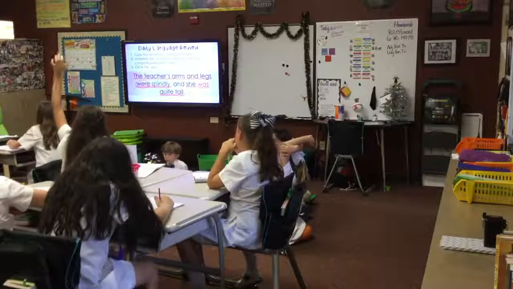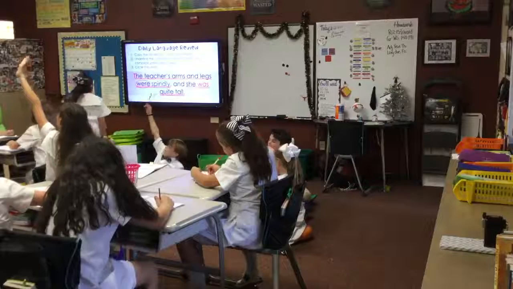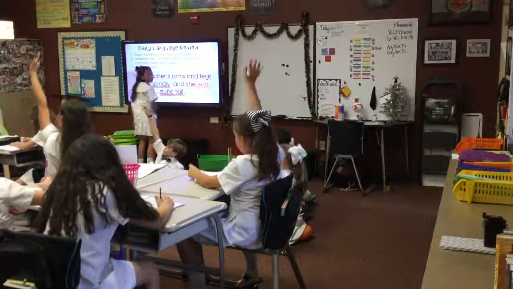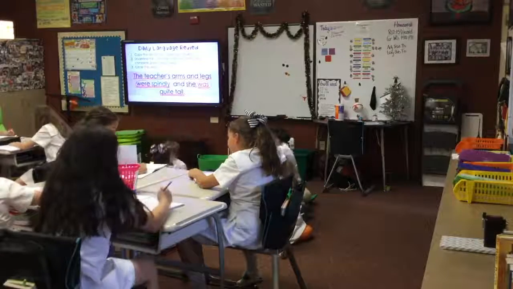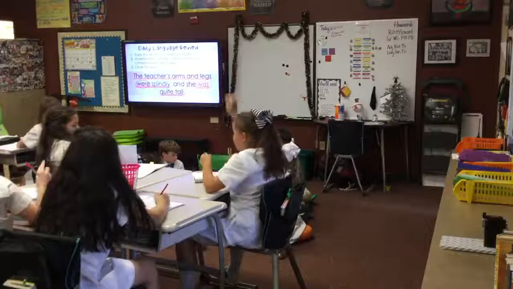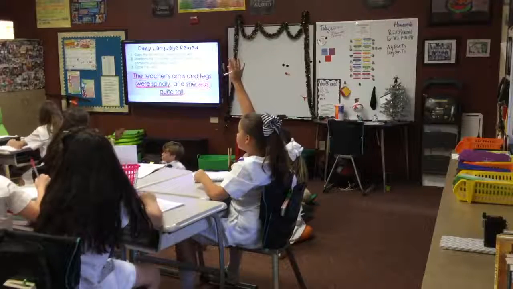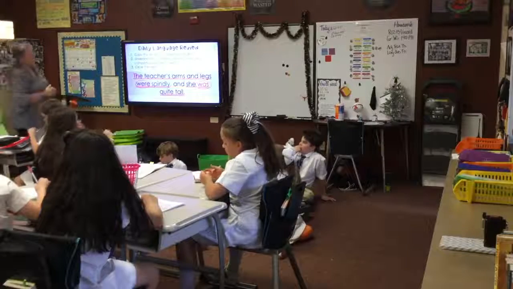Anna? Was. You got it. Will you go swipe for us there? Grammar genius points if you can tell me what type of verb was is. Justice? You got it. Air high five. Linking verb also. What do you think spindly means? Andres? Well, skinny kind of.